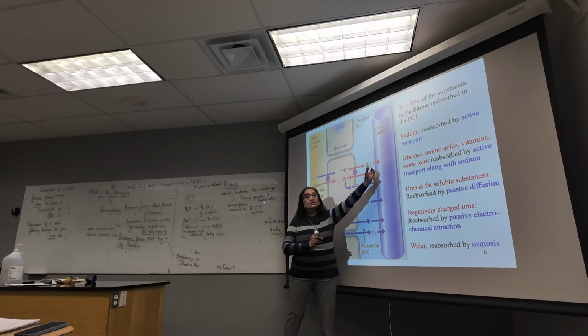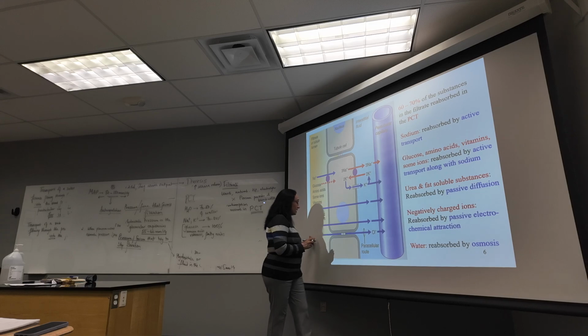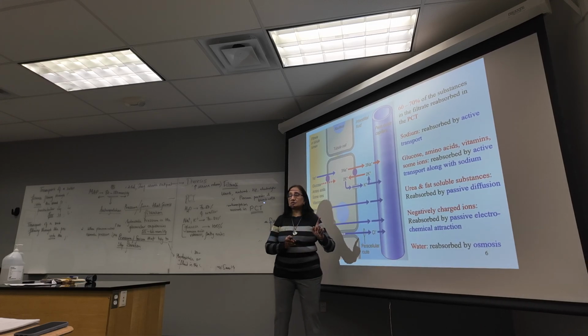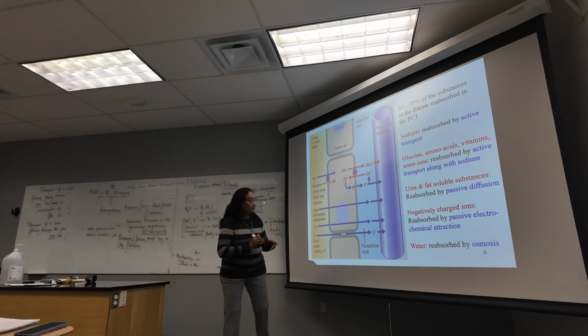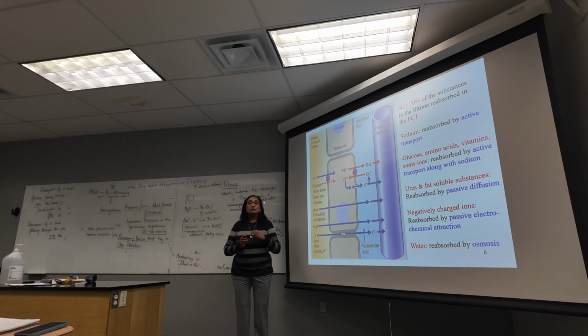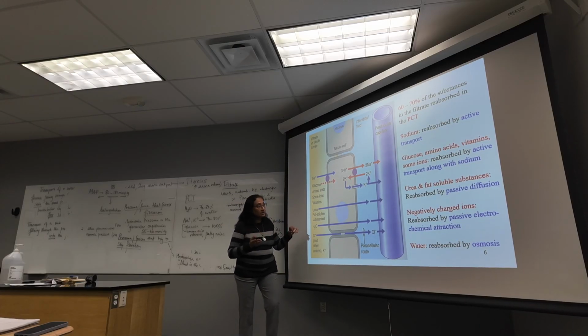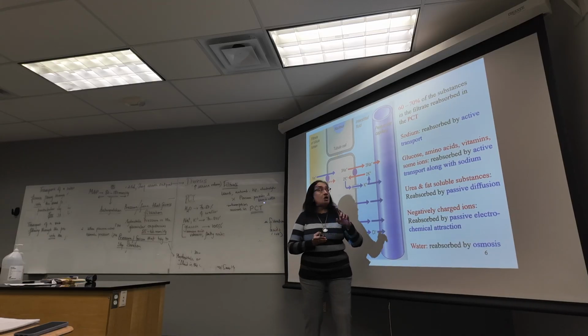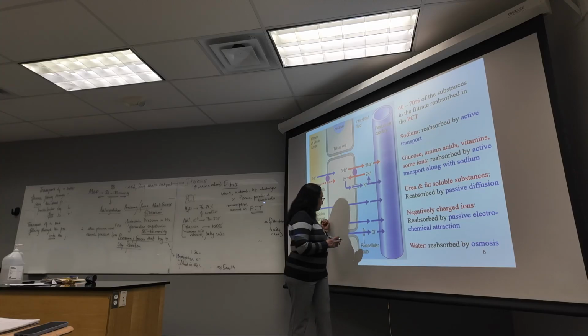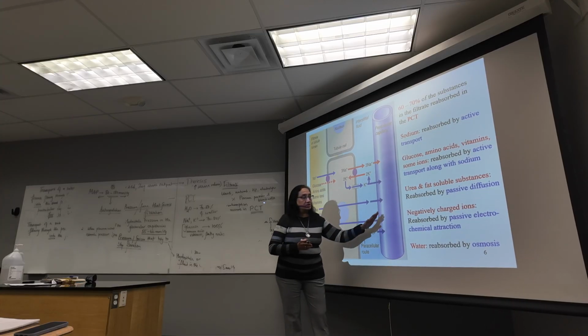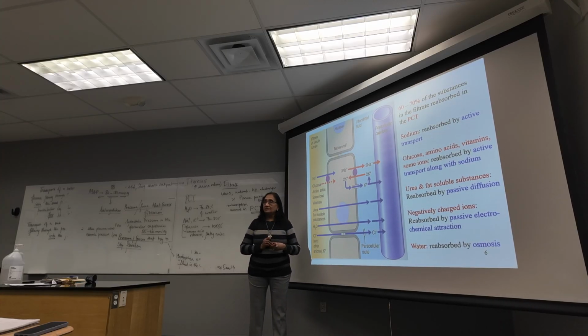Once sodium gets reabsorbed, this positive charge will attract the negative charges. Water, of course, the only transport mechanism for water is osmosis. When all of these molecules are getting reabsorbed, water will follow. So water is by osmosis.